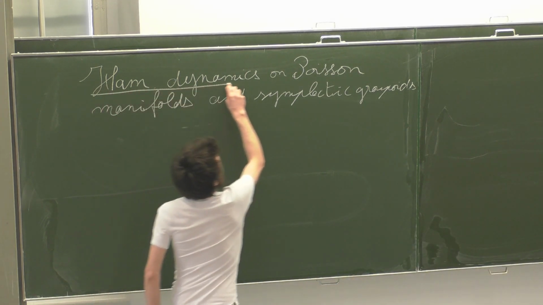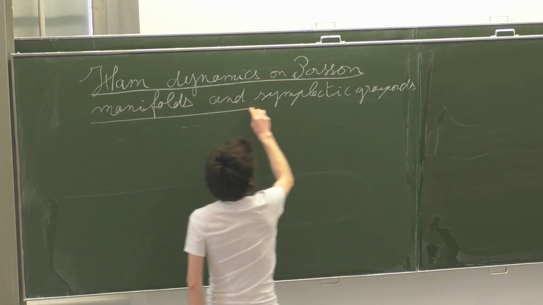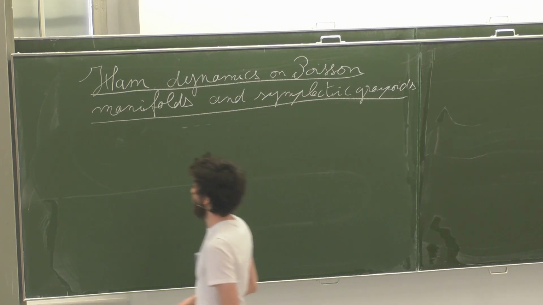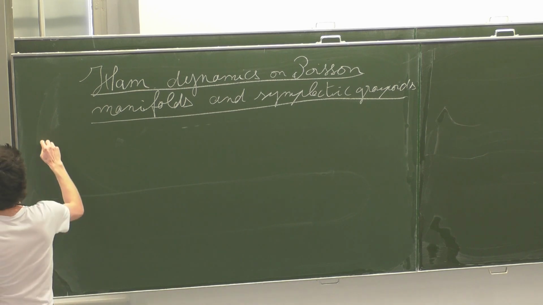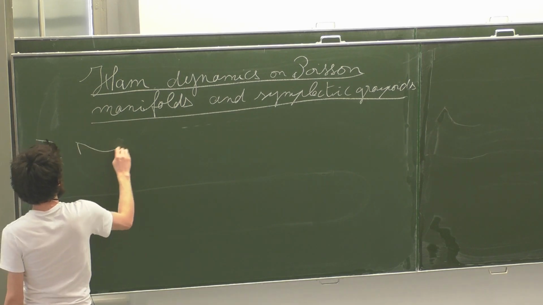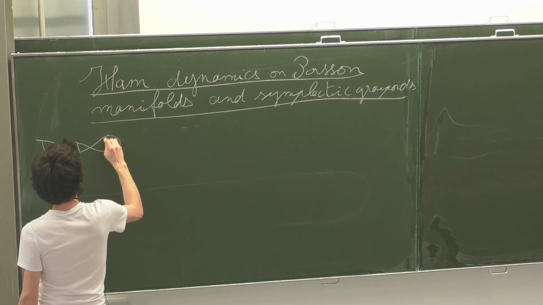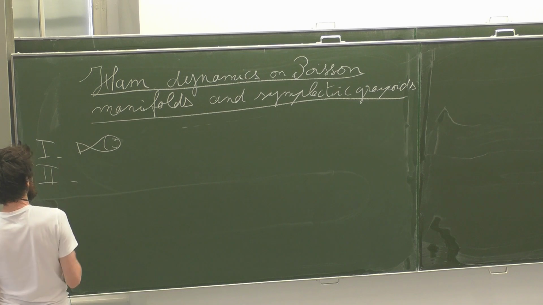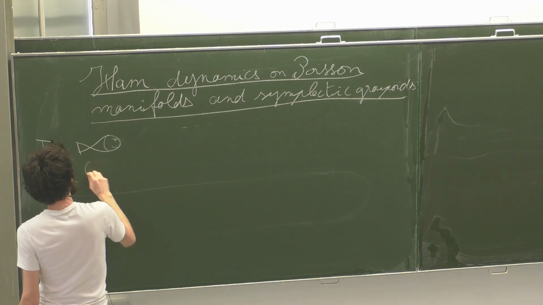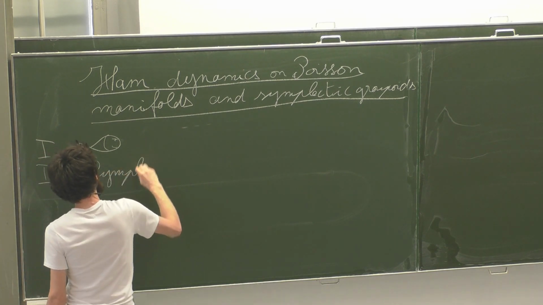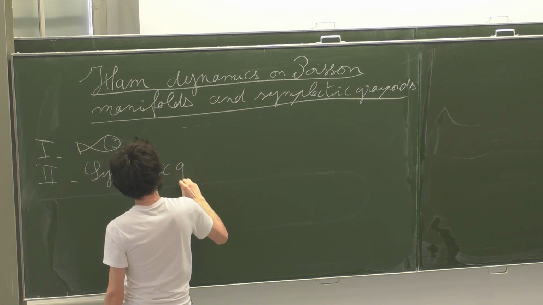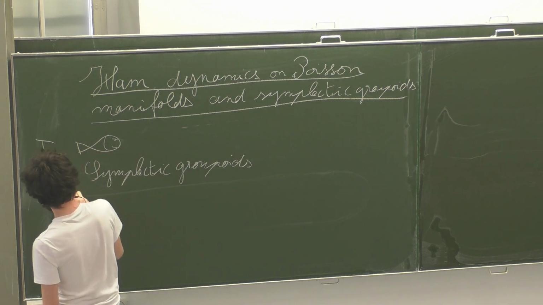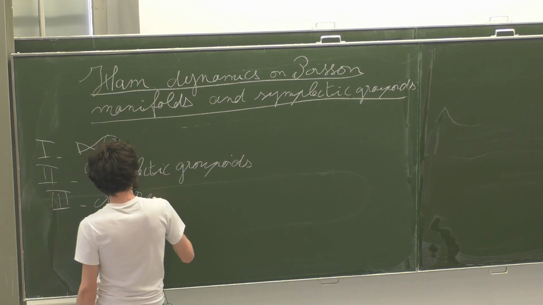I'm going to tell you a bit about some work I achieved during my PhD and some following of this. So, a bit of Poisson geometry, the reminder of Poisson geometry first, and then symplectic groupoids, and third, a research project.